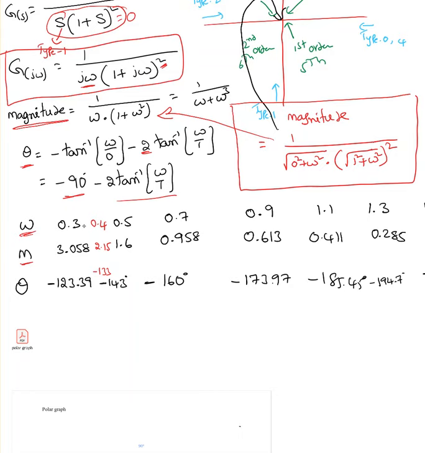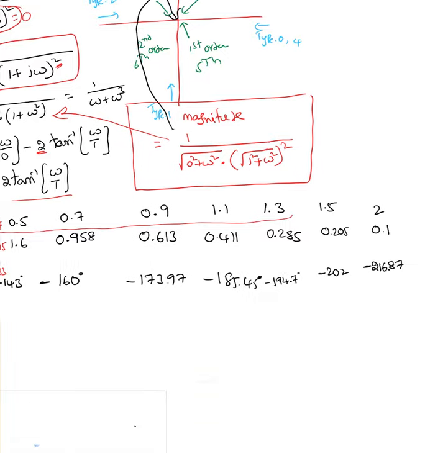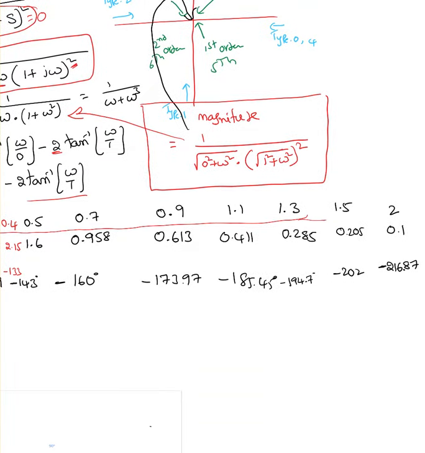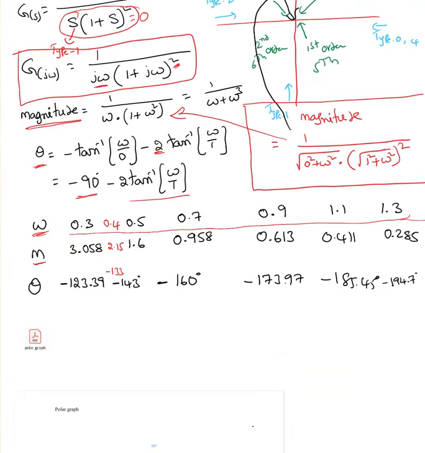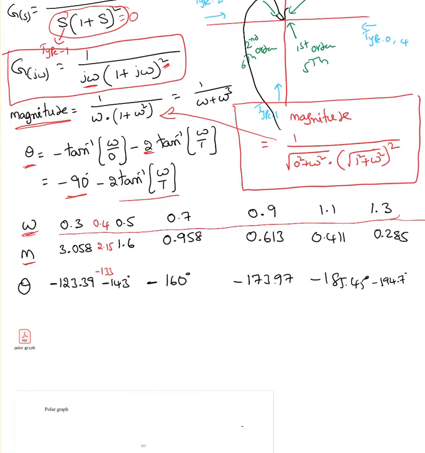How did I choose these omega values as 0.3, 0.4? I have a little bit more, up to this. I chose those numbers by inspection. My main goal is this number, which is approximately equal to 1.